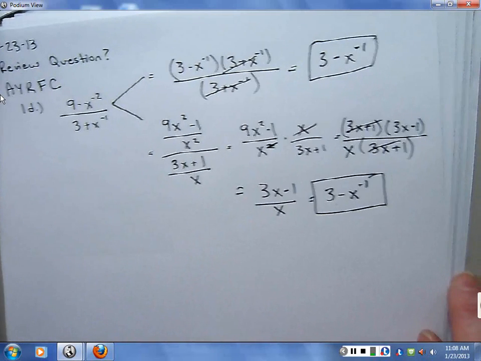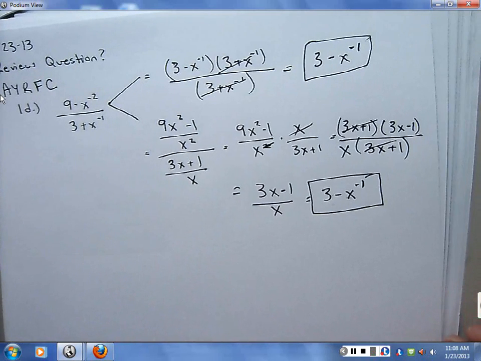Question? Sorry, can we factorize if the sign is different? Because the 9 would be 3 raised to the power 2. 3 to the power 2, yeah. Can we still factor it like that when the x is raised to the power minus 2? You would have to have the square root of 3 squared. You could.